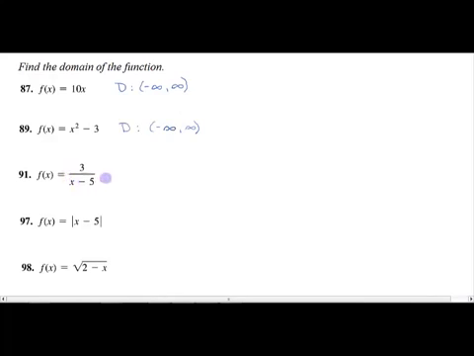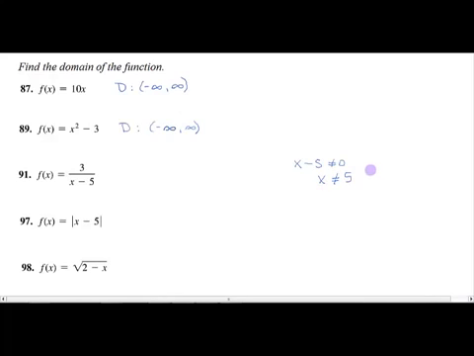When I'm looking at a function like this, I do have a denominator with x in the denominator. So the restriction over here is that the denominator cannot equal 0. If that denominator equals 0, then we have division by 0, which is going to be undefined for us. So if we solve this, we get x cannot equal a positive 5. So this is your domain in inequality notation.